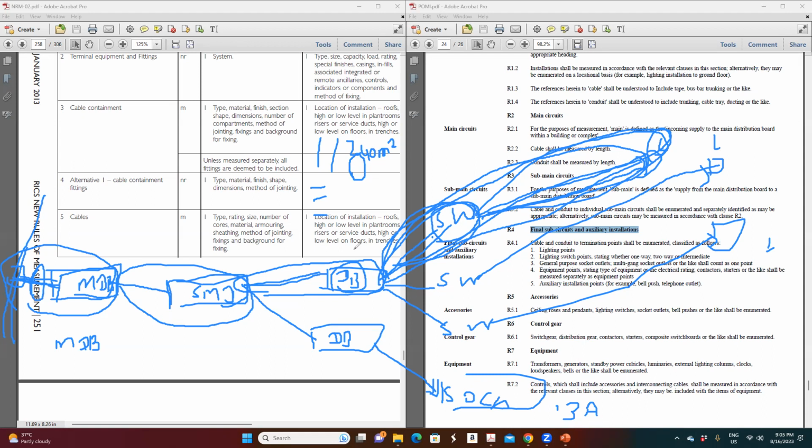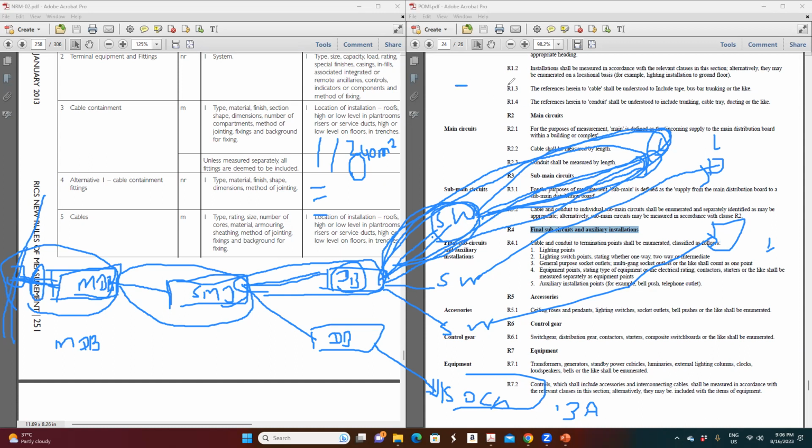That cable we cannot ignore. That cable itself costs 60, 70, 100, 500 dirham per meter, so it has to be measured separately. But when it comes to small wiring, small things, all of this has to be measured under the associated item.